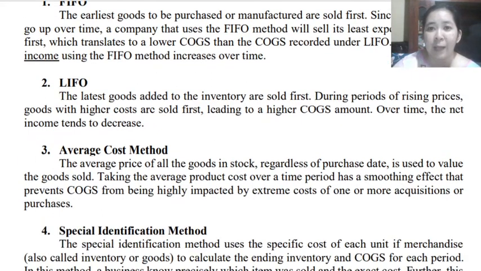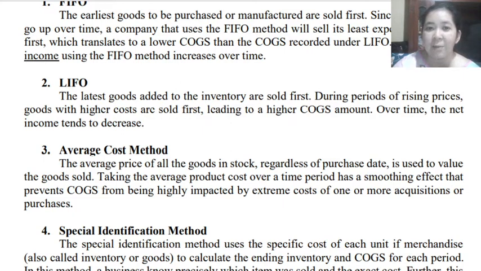What about the LIFO method? Again, this is just the opposite of the FIFO method. Under last in, first out, the latest or newest goods added to the inventory should be sold first. During a period of inflation, or rising prices of goods, the entity will sell those inventory items which have higher cost.